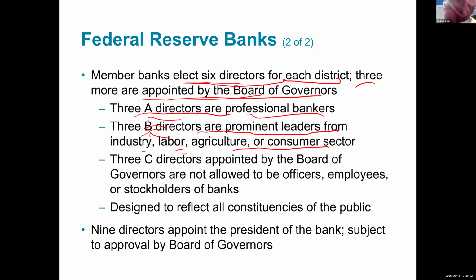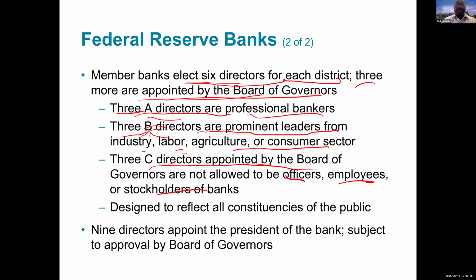And then 3C directors are appointed. The 3A and 3B directors bring the number to 6. And then I told you that 3 other directors are appointed by the Board of Governors who sit in Washington, D.C. They are not allowed to be officers, employees, or stockholders of banks because they want to avoid conflict of interest here.